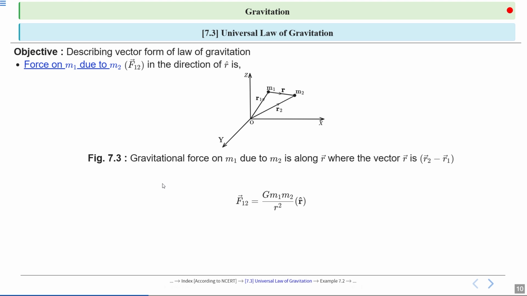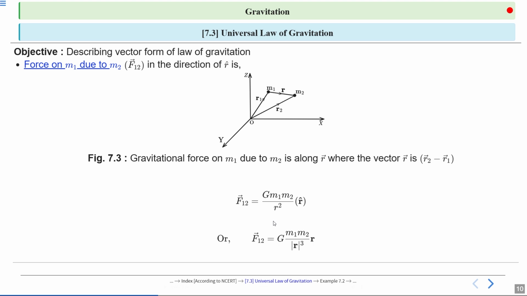And this is an important term. We can also express the gravitational force as F12 equal to G m1 m2 divided by mod of r cubed, into r vector. This form emphasizes the vector nature of the force, where r is the vector pointing from m1 to m2.